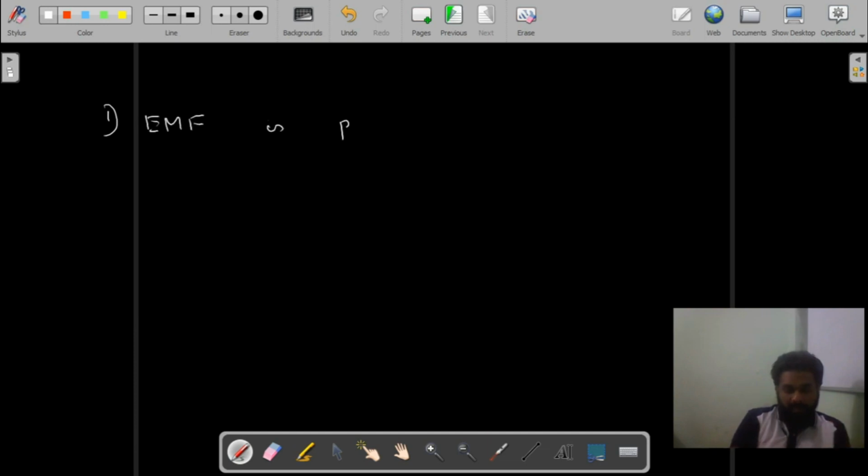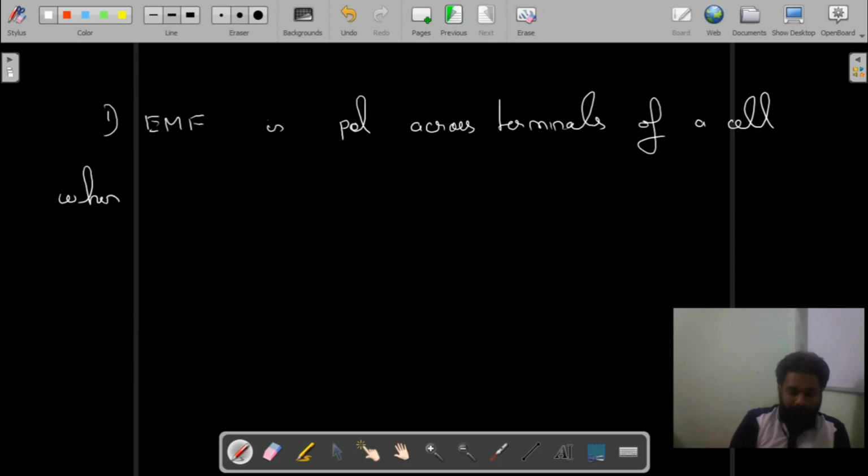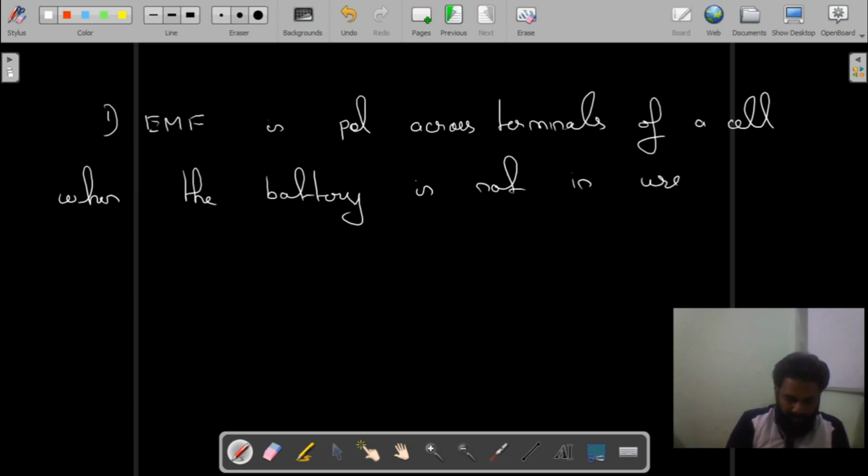EMF is the potential difference across the terminals of a cell when the battery is off or not in use. Now we will see how this makes a difference by looking at the diagram.